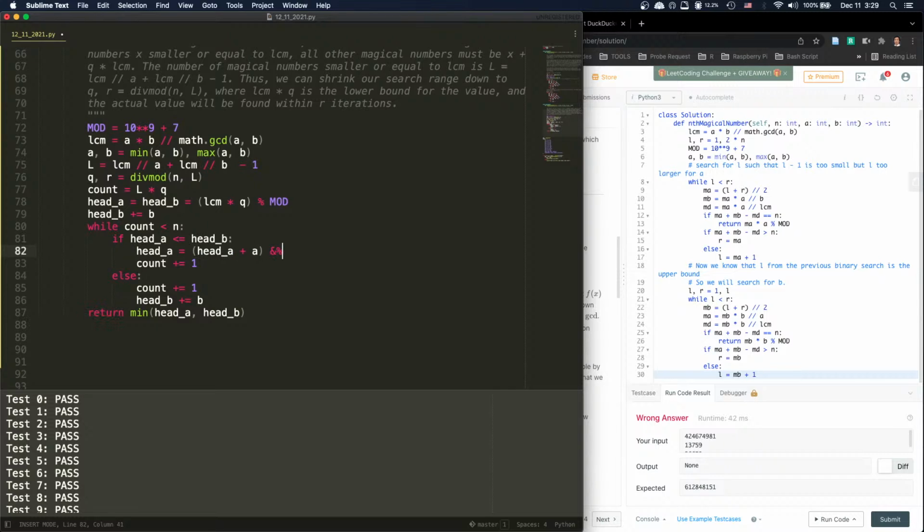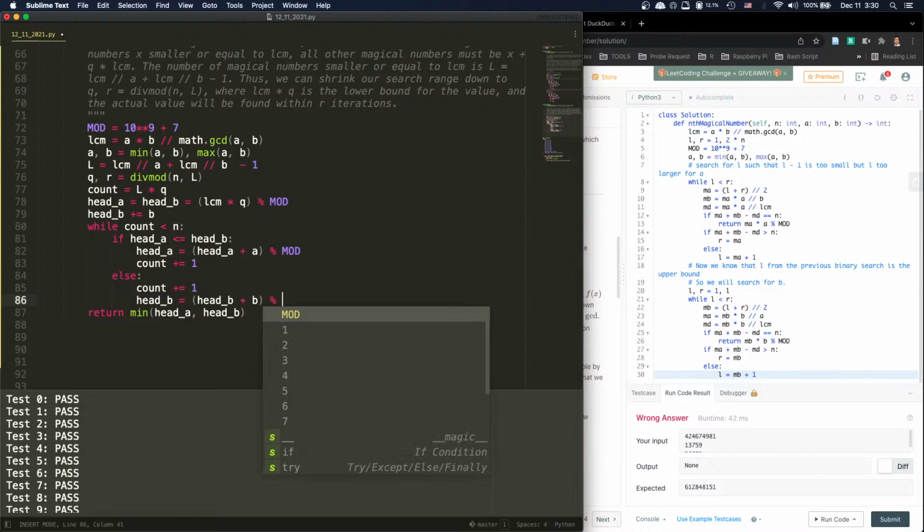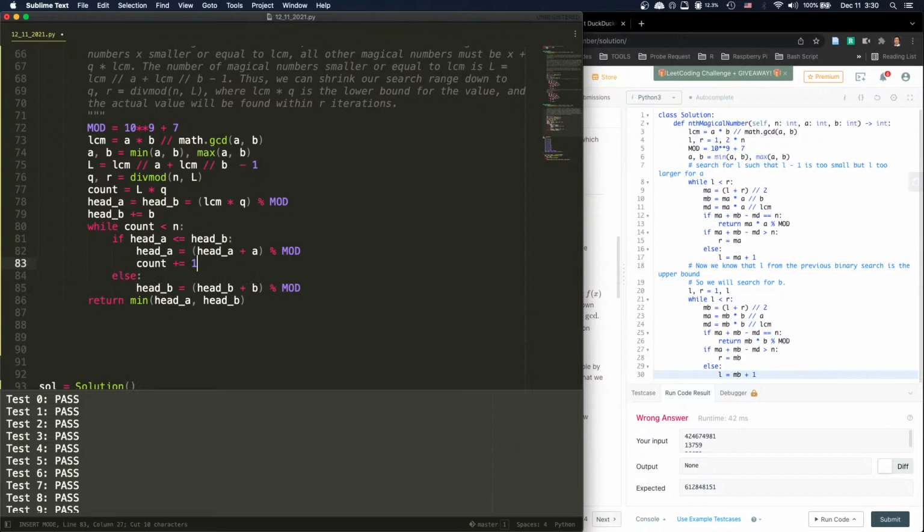With a mod, right? And this is going to equal head B plus mod. In this case, it's the same, right? We just need to do the count at the end.